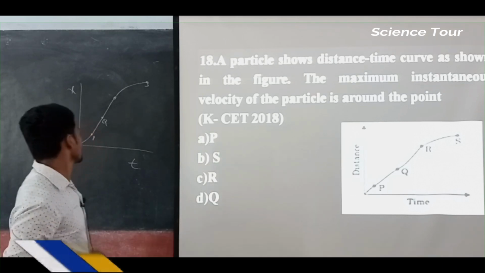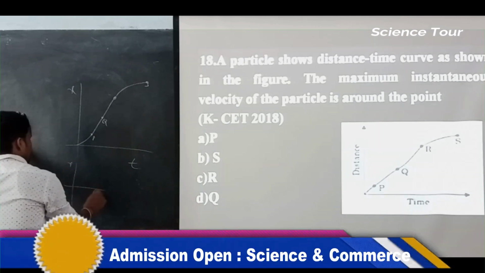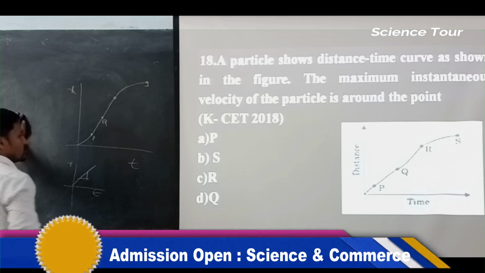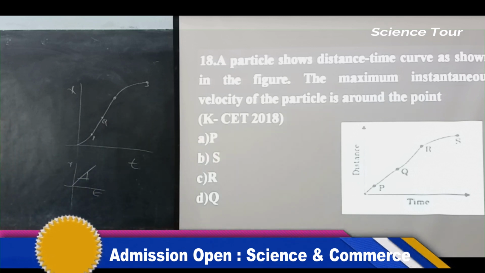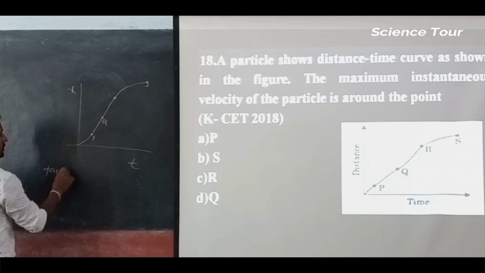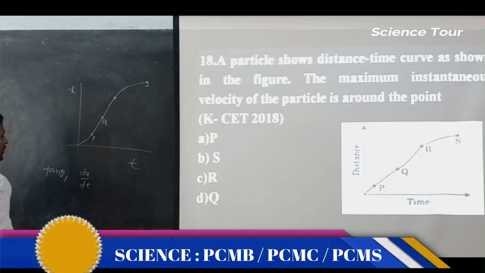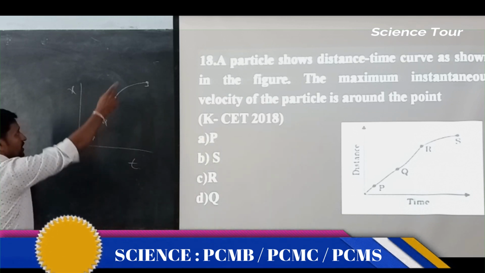Maximum instantaneous velocity. What do you mean by instantaneous velocity? See, in an xt graph, the slope gives you the instantaneous velocity. Slope means it may be tan theta or dx by dt, okay. See, this is not a straight line.